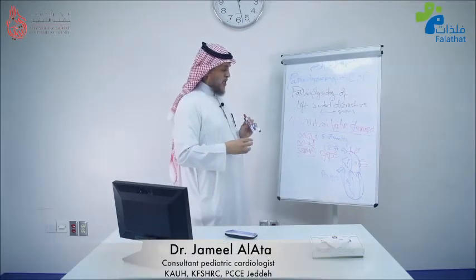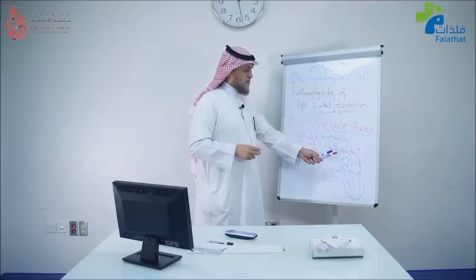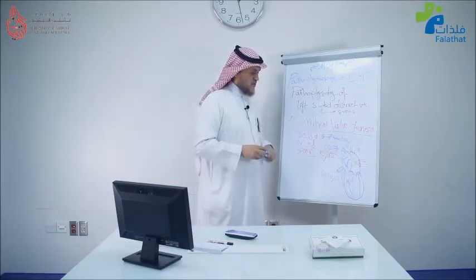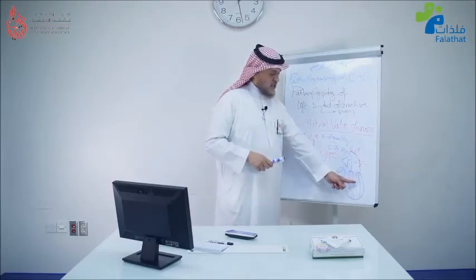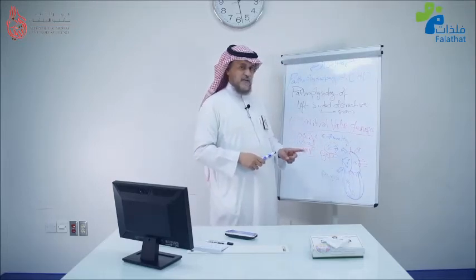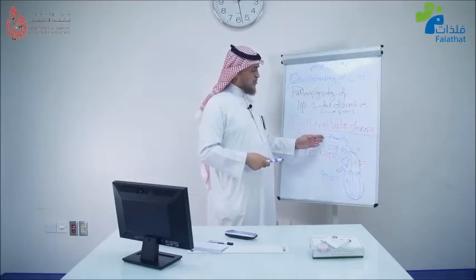Okay, so the caveat in evaluating mild mitral valve stenosis is that we have to make sure the left end diastolic pressure in the left ventricle is not elevated and falsely giving us a lower number.